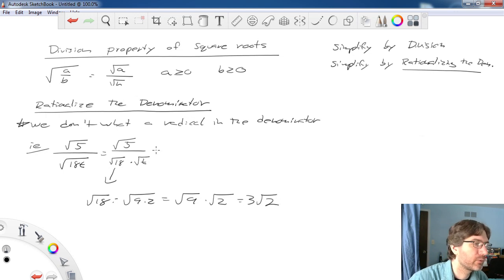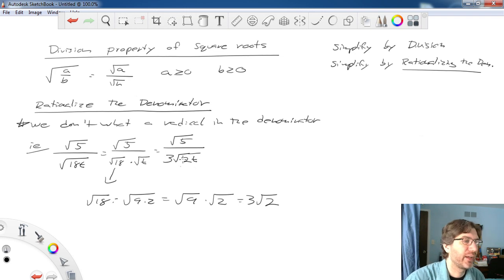So what I'm going to do is rewrite it all as the square root of 5 over 3 square roots of 2 times the square root of t, so it's going to be square root of t because that's under the radical as well. In that case, I'm going to multiply each side by the square root of 2t. And here I'm going to get 2t square roots of 5.